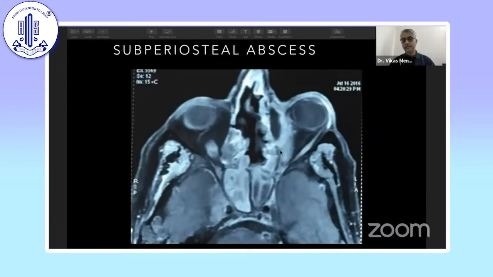Plus, the orbit is a closed space, so sometimes there is a collection of pus underneath the periosteum, which is a subperiosteal abscess. I'll be talking about the management subsequently.